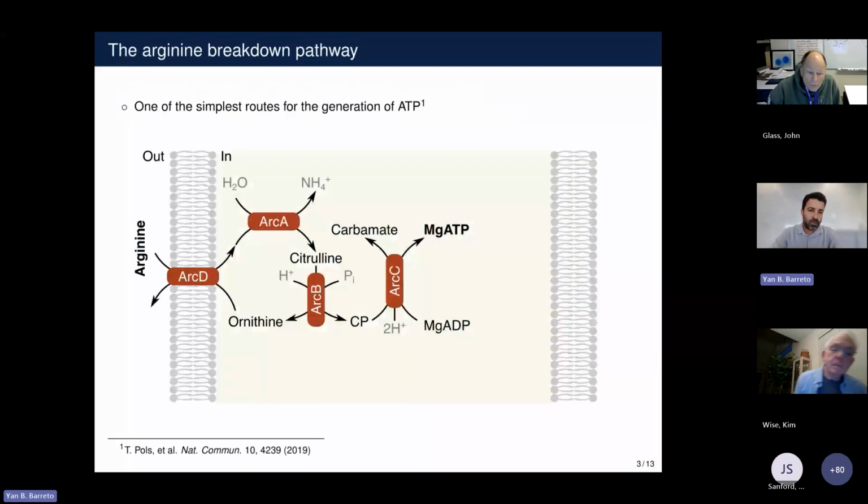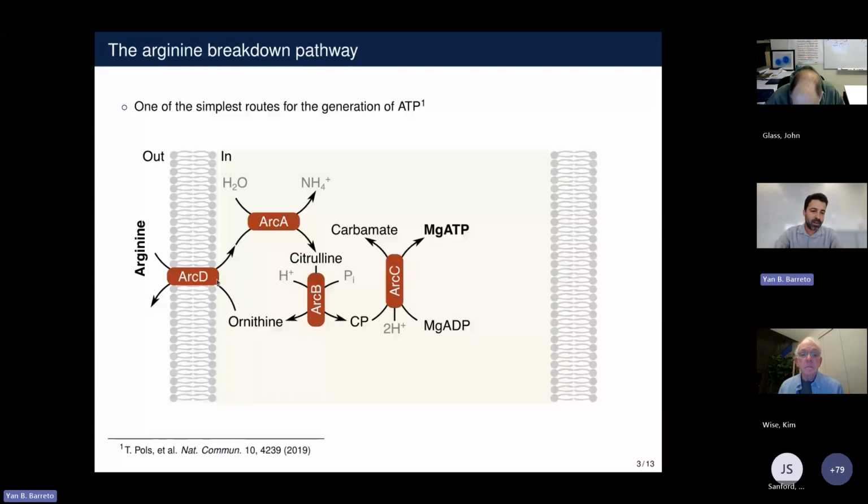For those who are not familiar with our work, we work with the arginine breakdown pathway. We call it the ADI pathway. This is a very simple route for the creation of ATP inside the vesicles, and it relies on a transporter and only 3 cytosolic enzymes.